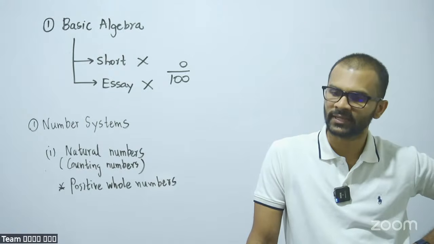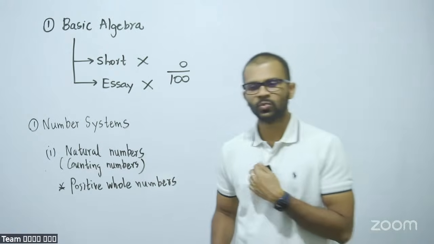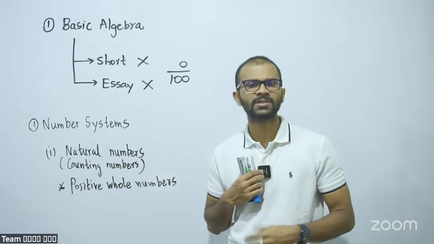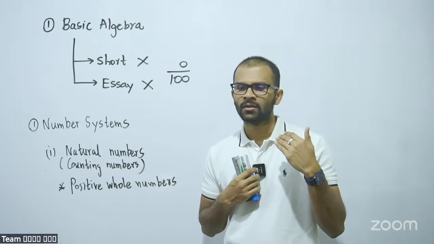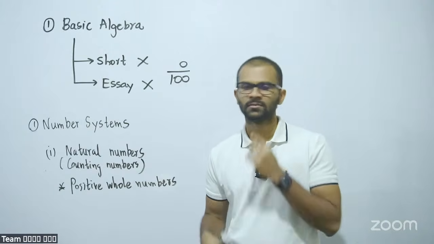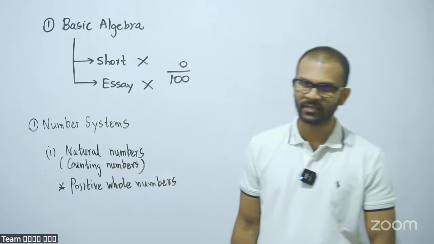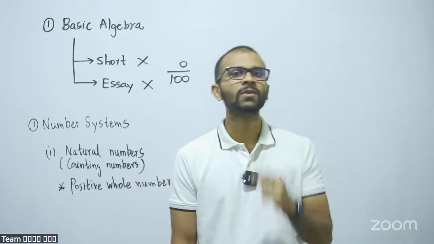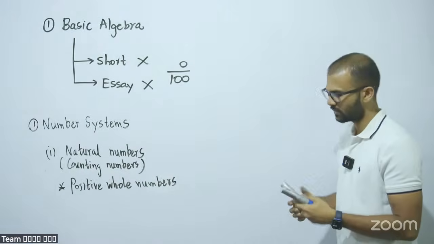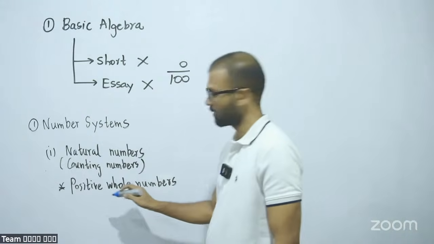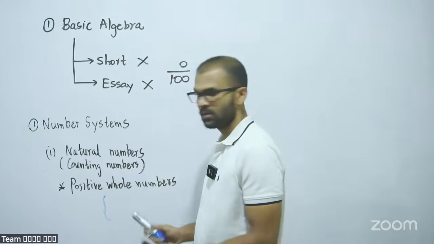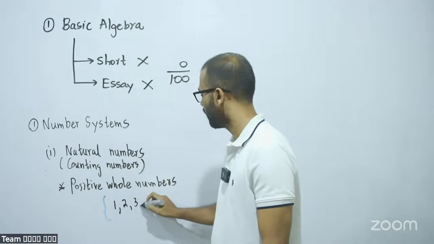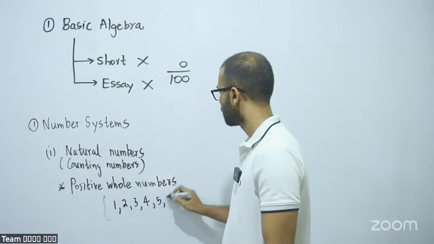Now you can get the idea by the definition. So what are the numbers in natural numbers? The set of natural numbers contains positive whole numbers. That means the set includes positive whole numbers: 1, 2, 3, 4, 5, 6.